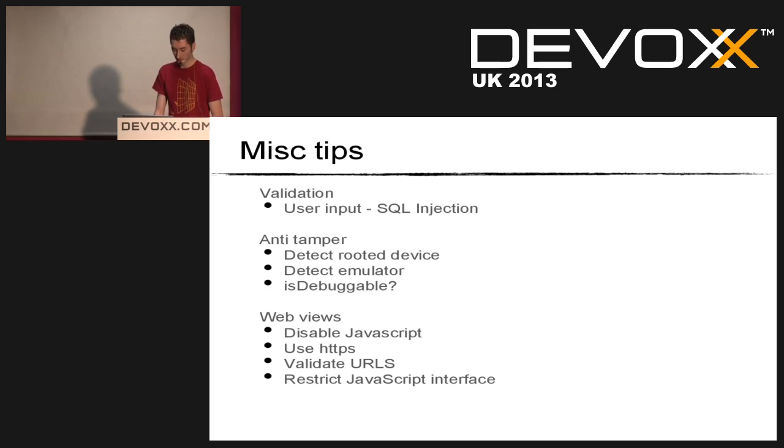The other thing to think about is cross-site scripting. So web views could potentially be dangerous. Disable JavaScript if you don't need it. Use HTTPS if you can. Validate the URL. I typically use web views for things like terms of service.